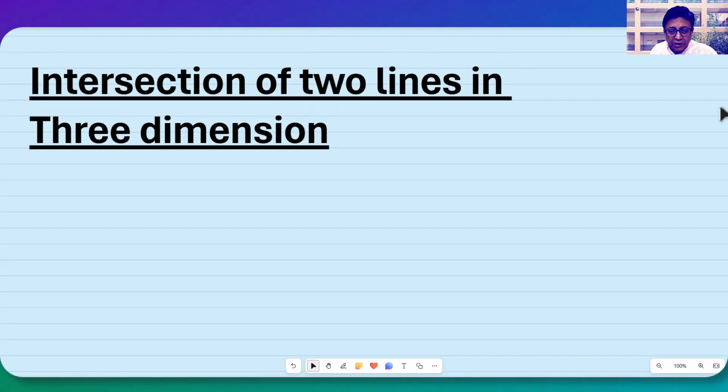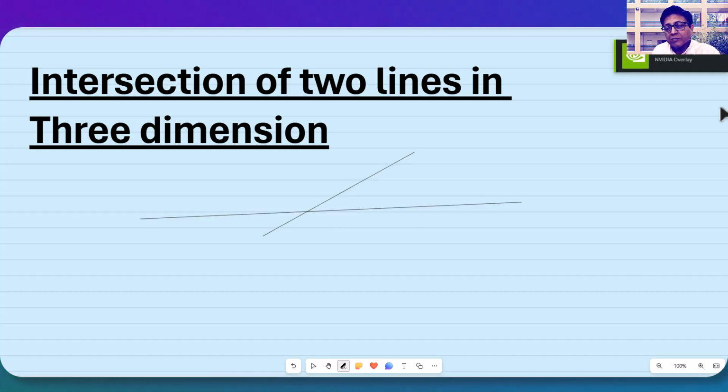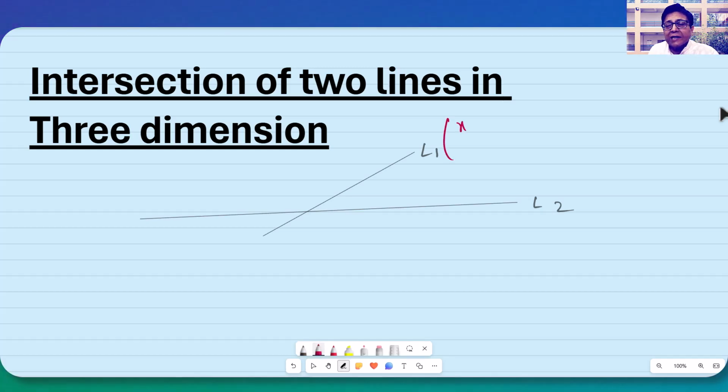Now, imagine these two lines in 3D are intersecting. This is line 1 and line 2. The first line is given in scalar form, that is, x minus x1 by a1, y minus y1 by b1, z minus z1 by c1.